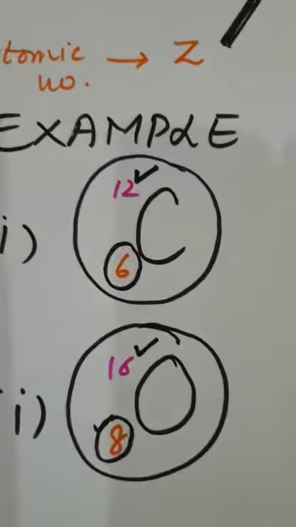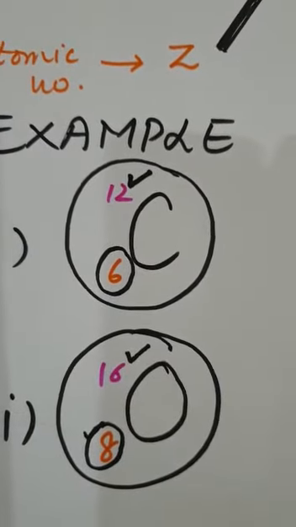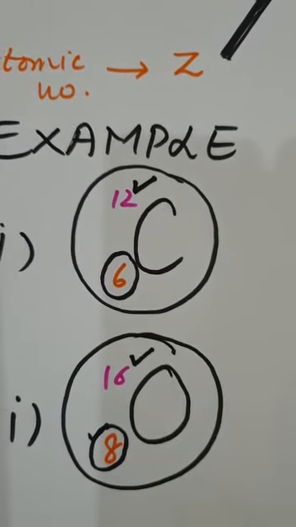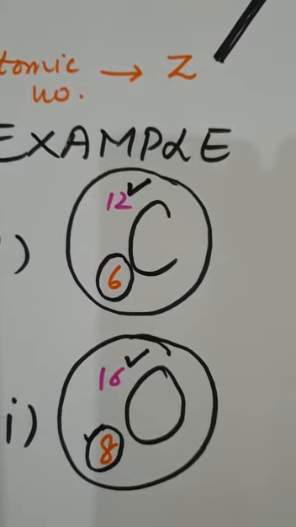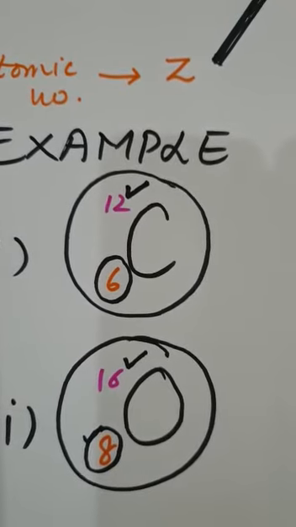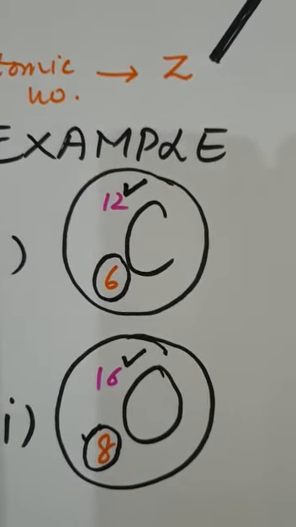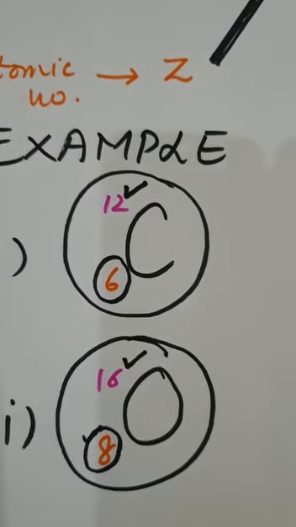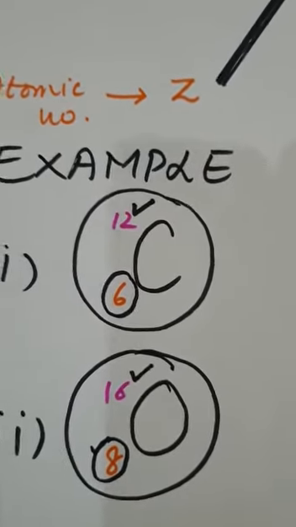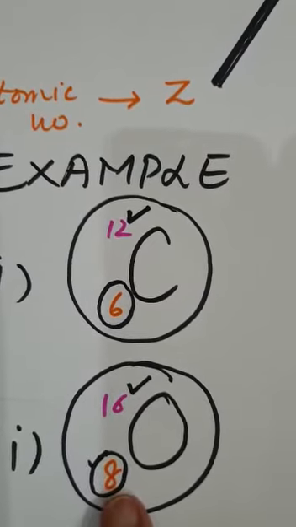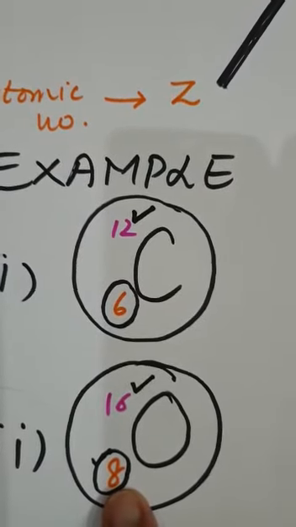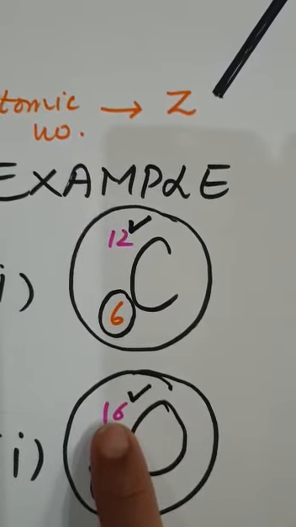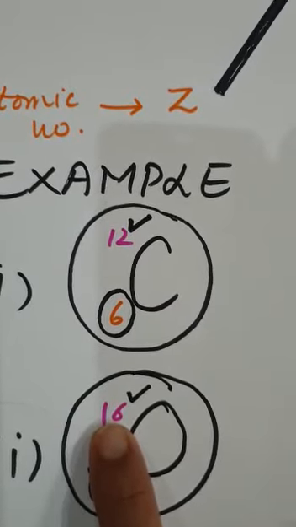Similarly, in the third example, we discuss how we represent oxygen. The 16 is the mass number, which is written above the symbol, and 8 is written below the symbol, and that 8 indicates the atomic number. This is the place for writing the atomic number, and this is the particular place for writing the mass number.